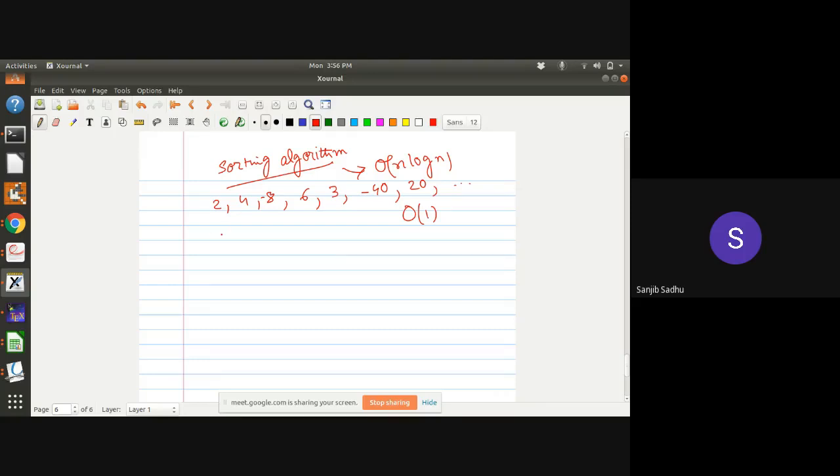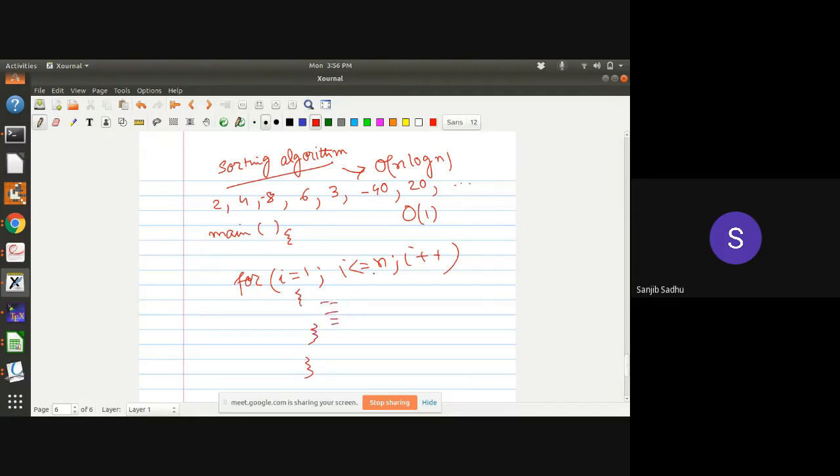What will he do? He is writing like this. You have given say n numbers. It's a very large list. So what is he doing? Actually, your code has something like this: for i equal to 1 to i less than or equal to n, i plus plus. You have written so many things.